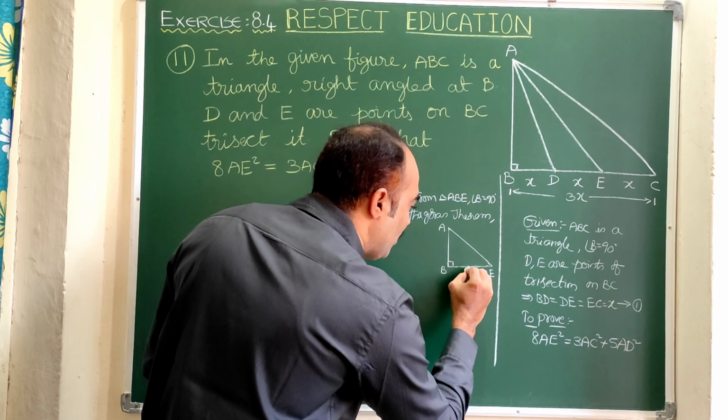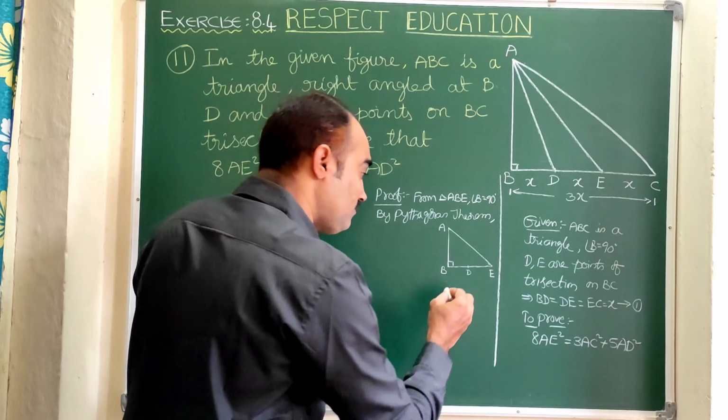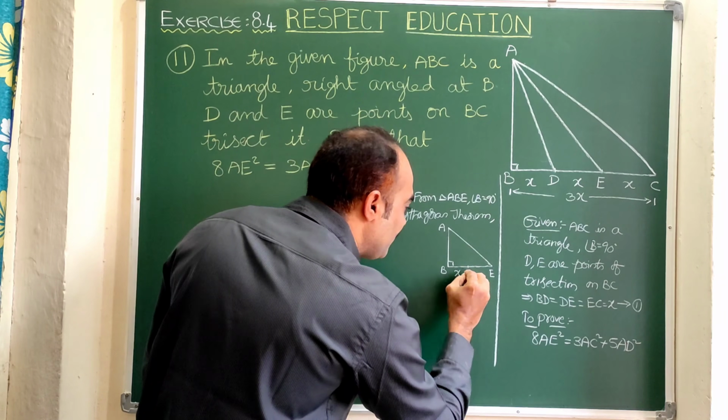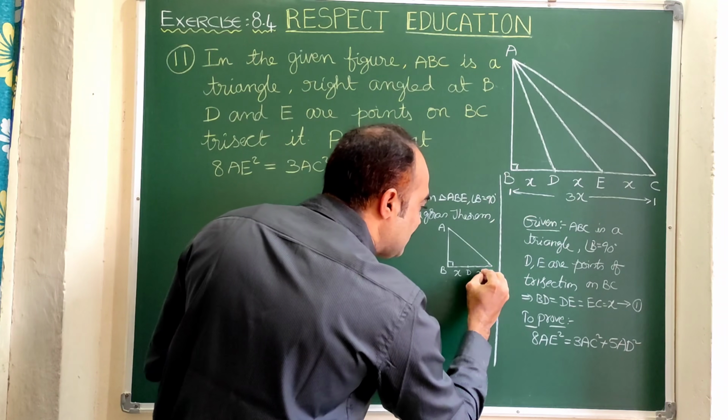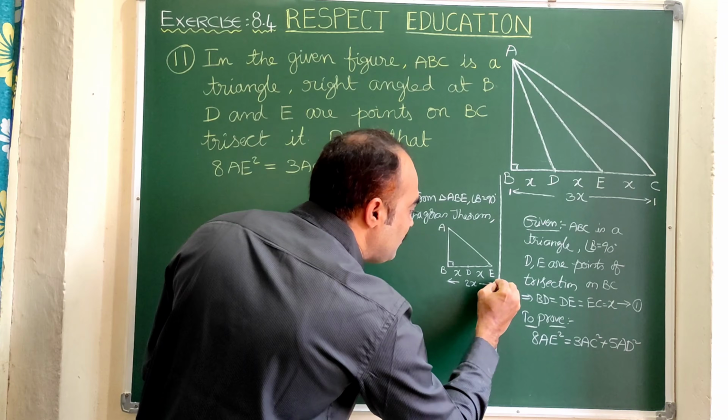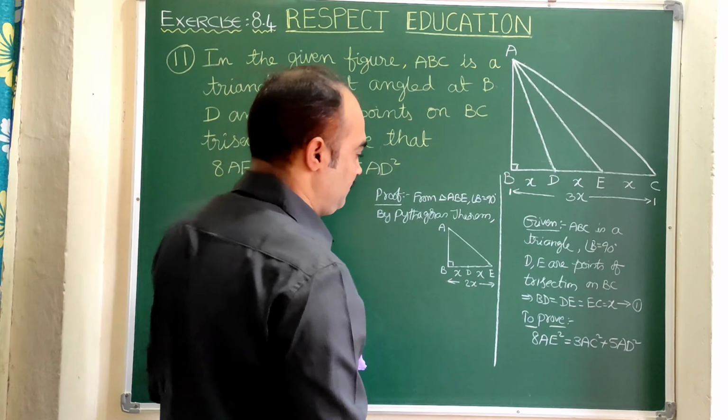D is the midpoint of BE. As we know from the figure, BD is X, DE is also X, then BE will be 2X, the distance between B to E is 2X.